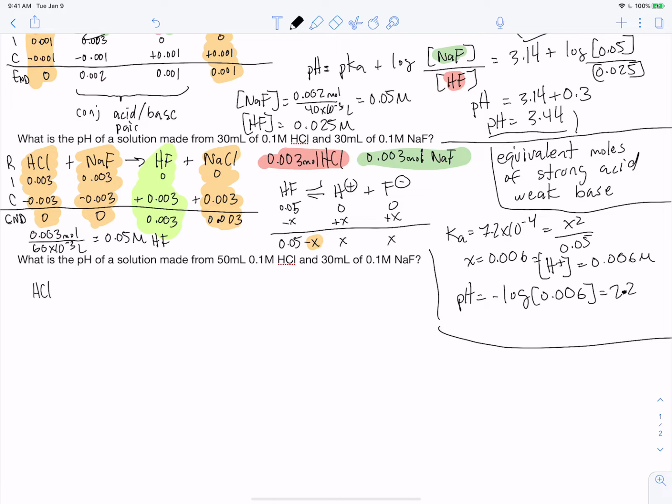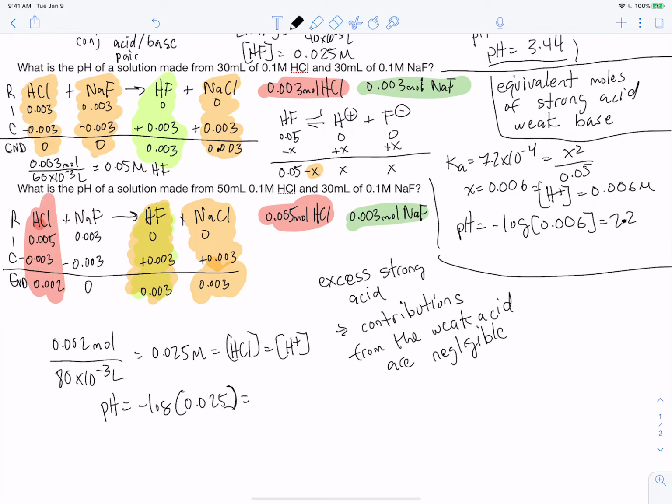That's our HCl concentration, which is also our H plus concentration. So what's our pH for this solution? It's just negative log of 0.025, or 1.6.